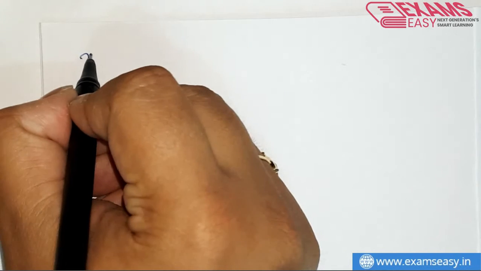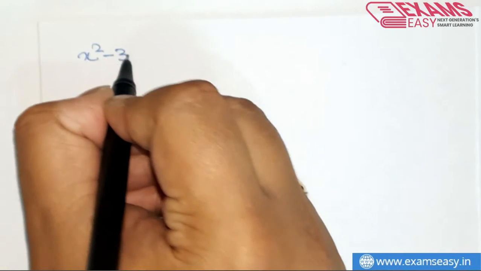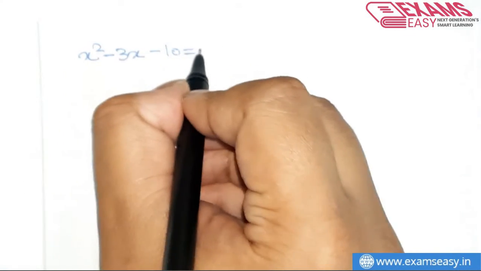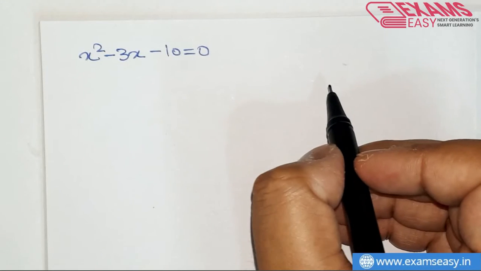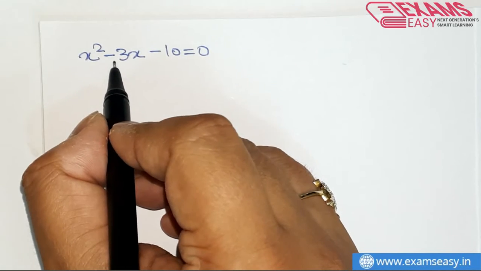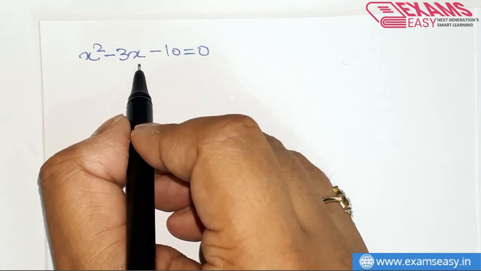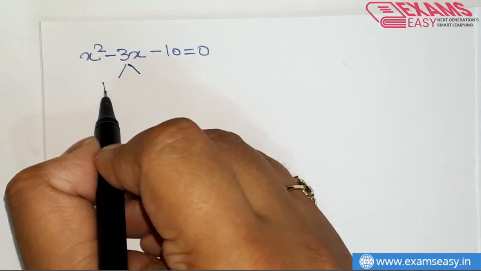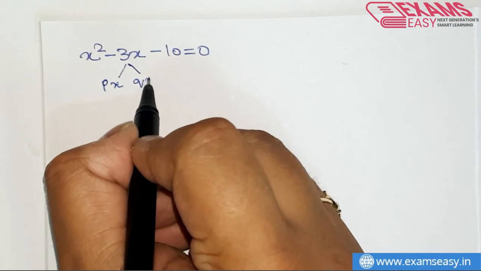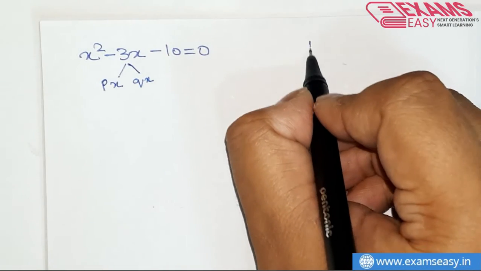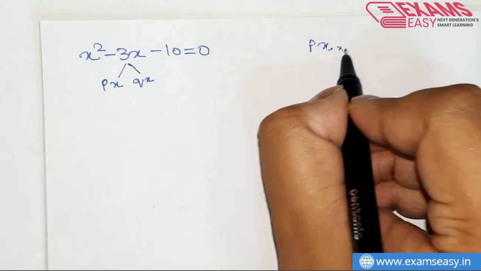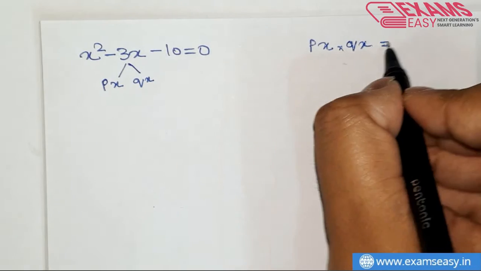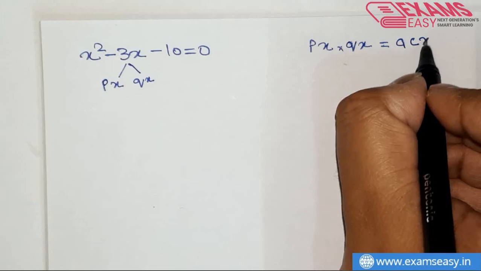So let us see with an example. Suppose we have been given the example x² − 3x − 10 = 0. As I told you, we want to split −3x in such a way that the product of those two terms, px and qx, should give us acx².